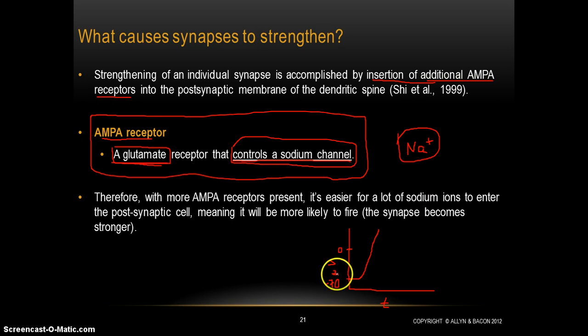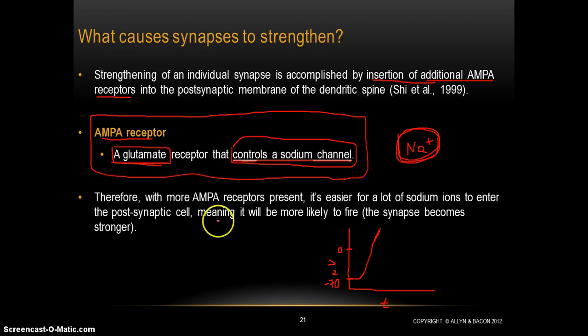If you add a lot of positive stuff to the intracellular fluid of a neuron that starts out negative, the charge inside the cell is going to get more positive, right? So sodium is a really important ion involved in the action potential that causes that depolarization process, that first stage of the action potential, right?